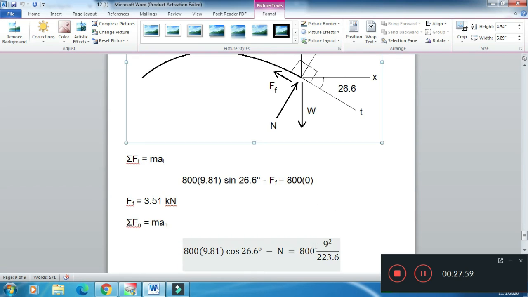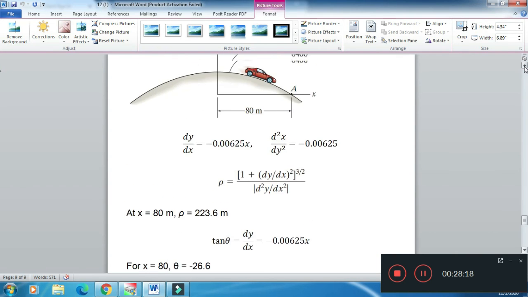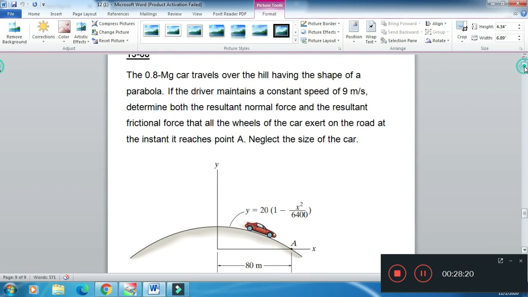So component of weight subtracted by normal direction is equal to 800, which is mass, and velocity as given in the problem is 9. The speed is constant, it is 9 meter per second.